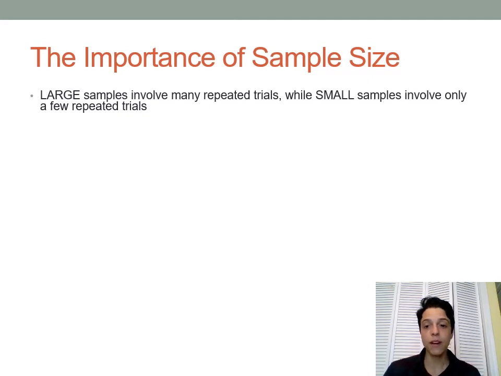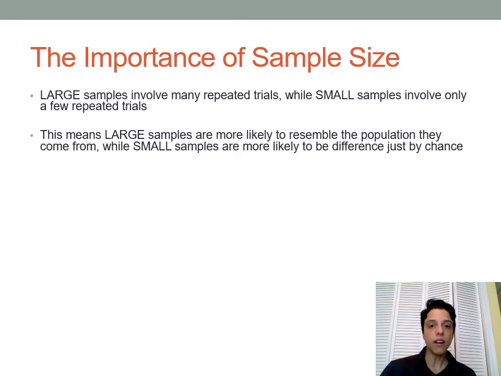So if we're thinking about crayons, if you have a sample of 10,000 crayons, that means that you drew a crayon out of your big crayon pot 10,000 times. On the other hand, if you only have 10 crayons in your sample, it means that you had that trial, so that process of generating an outcome, drawing a crayon, only 10 times.